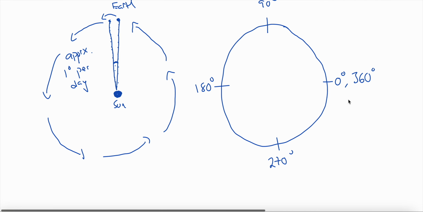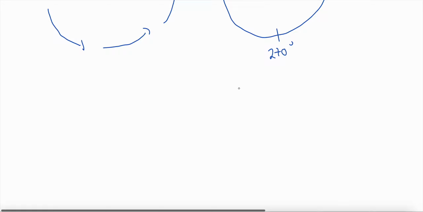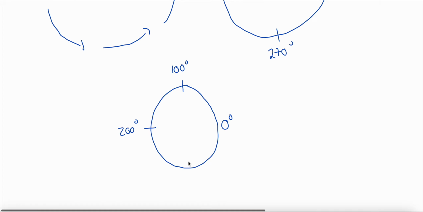We could have just as well chosen to say that a circle is, instead of 360 degrees, let's say 400 degrees. Then 1/4 of that, we'd have 100 degrees here, 200 degrees here, 300 degrees here, and then the full circle would be 400 degrees.